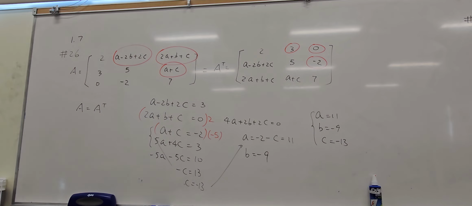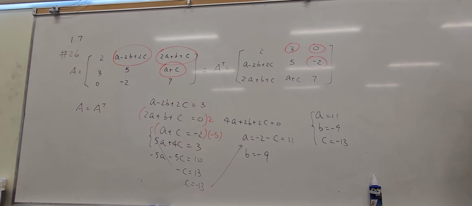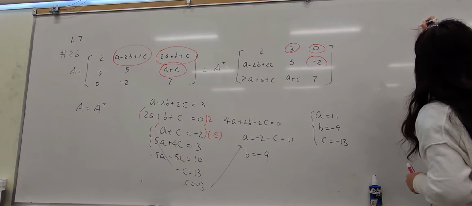Let's see what they said. 28, they said find all values of x for which A is invertible. So number 28.